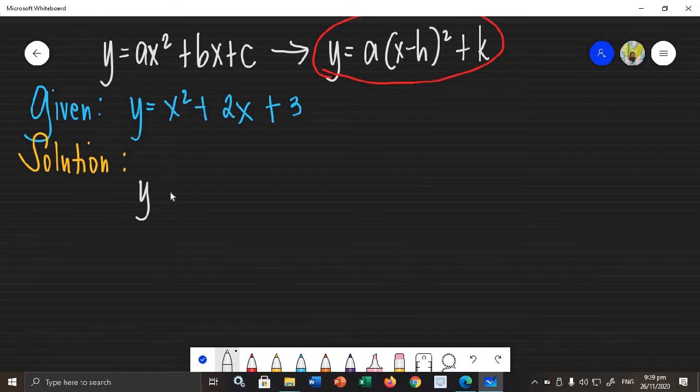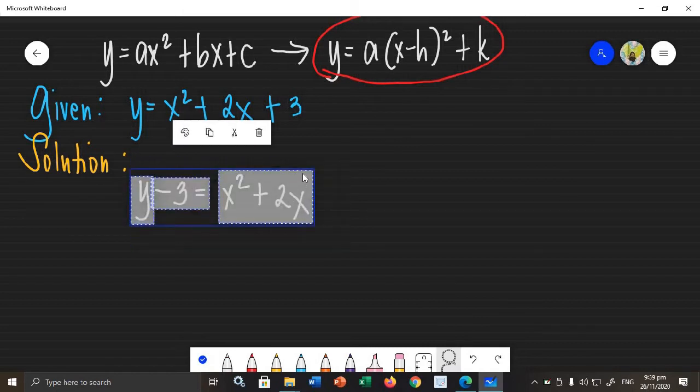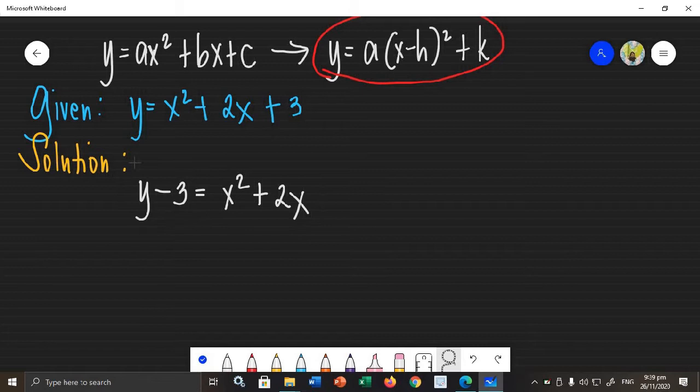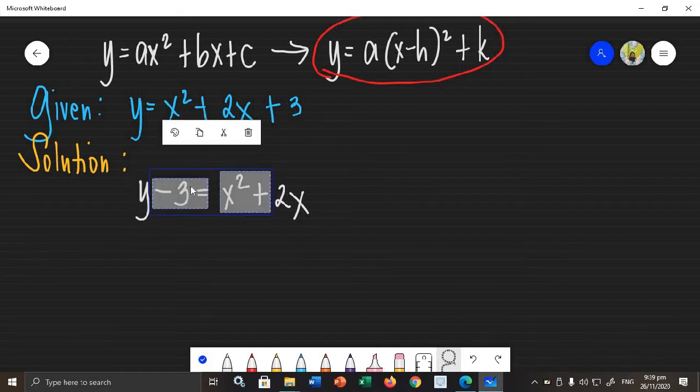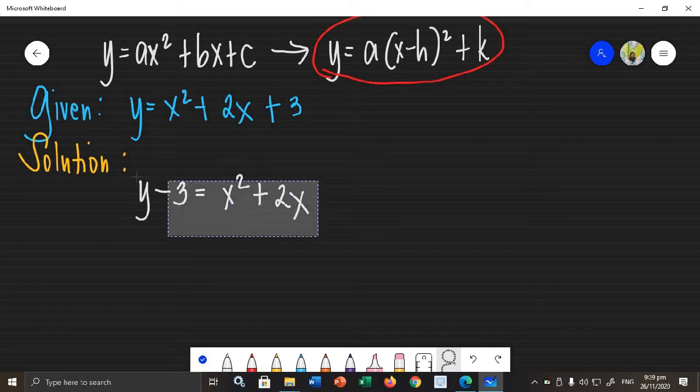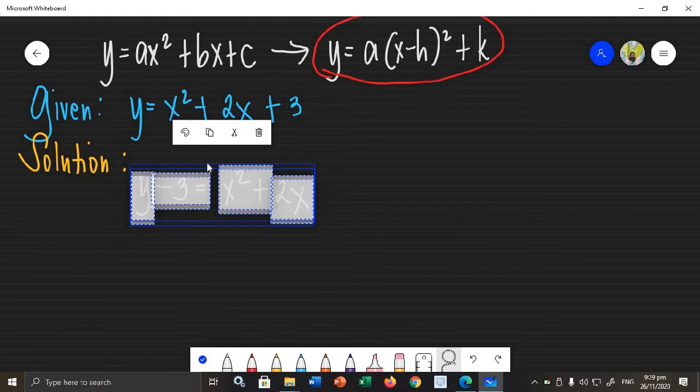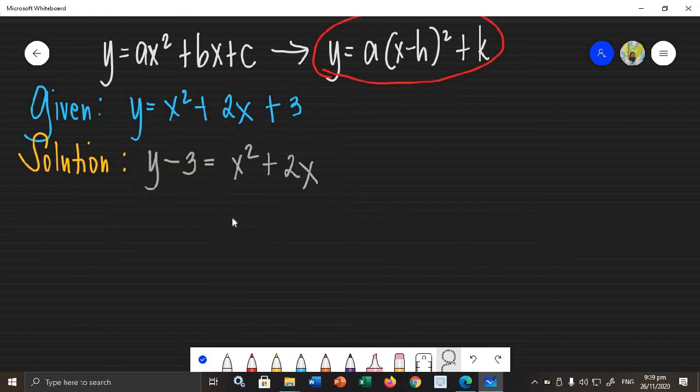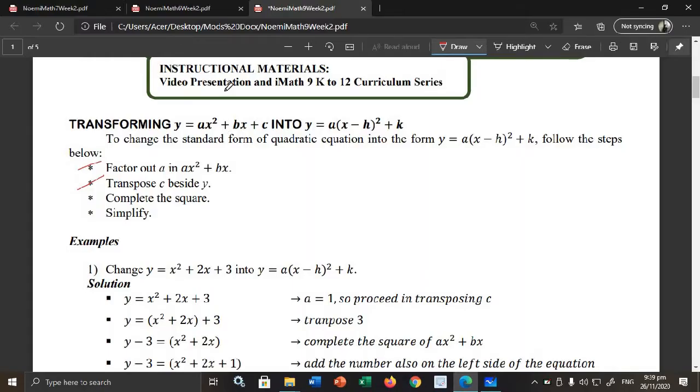Okay, so y minus 3 is equal to x squared plus 2x. And then, let's go back.